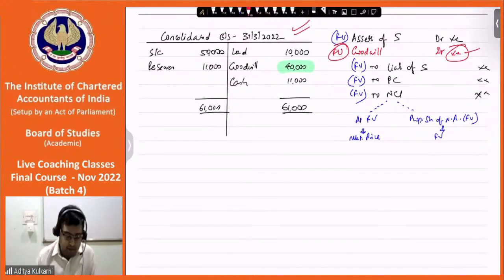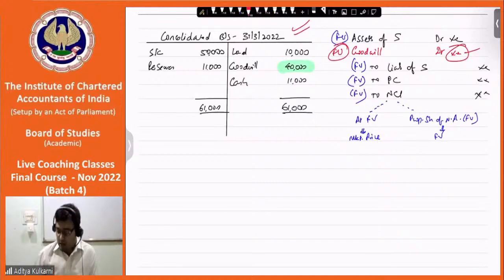The problem is arising when we are going to consolidate. This problem arises only when a parent-subsidiary relationship exists. Parent-subsidiary means what? Parent has acquired shares of the subsidiary.